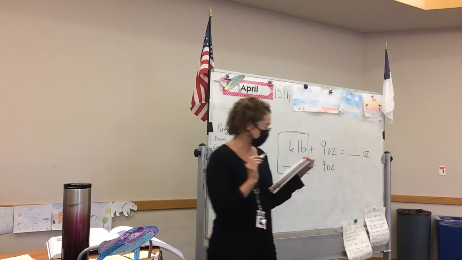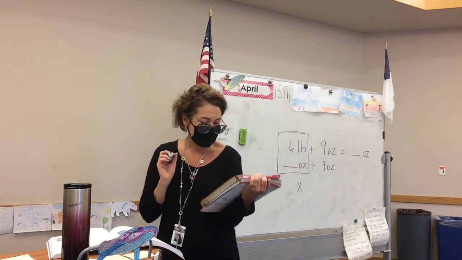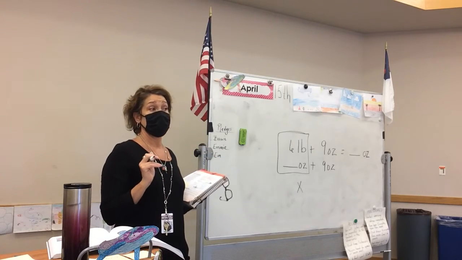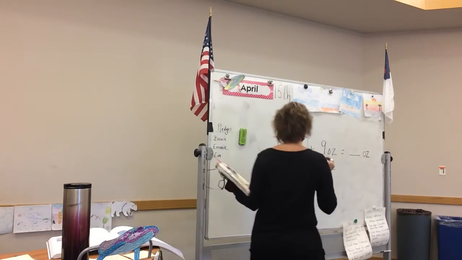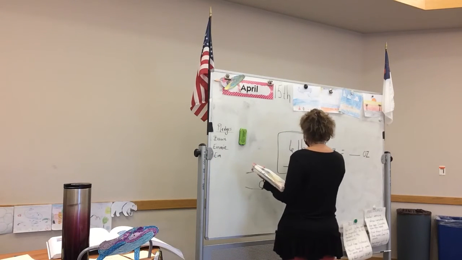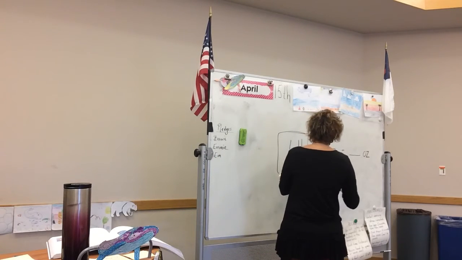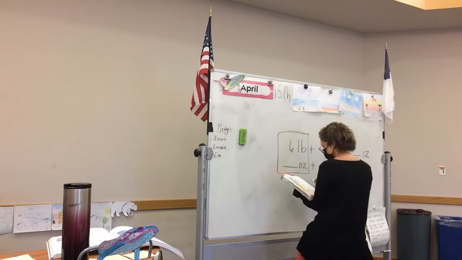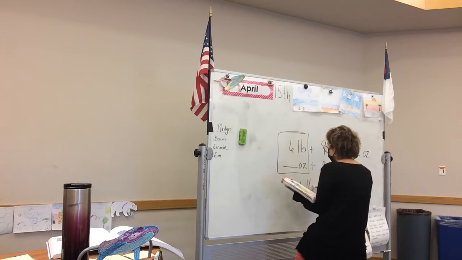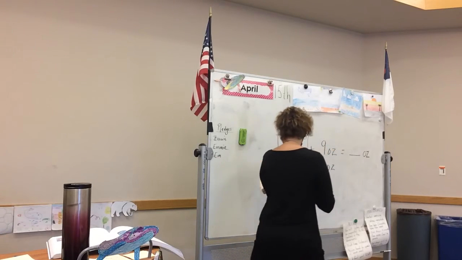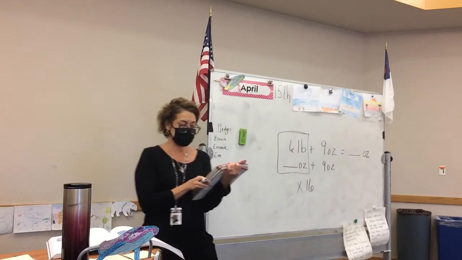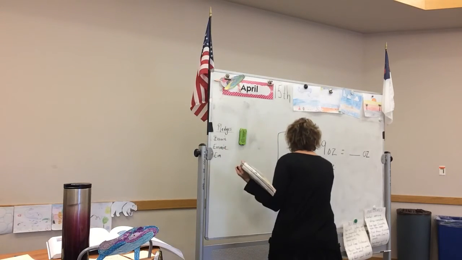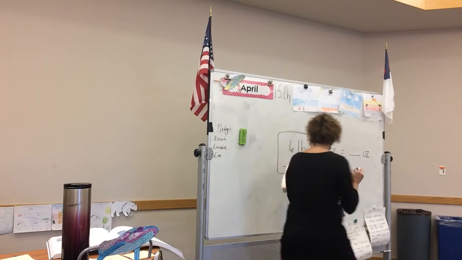All right, what is the estimation between how many ounces are in a pound? 16. So we know we have 16 times what? What is 6 times 16?